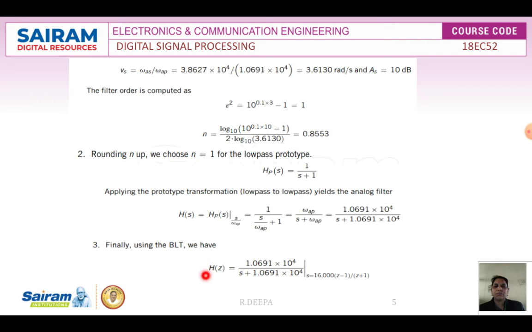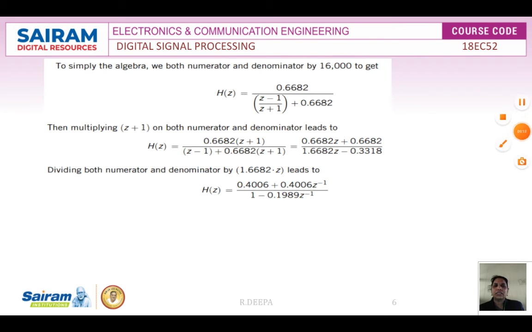Then finally we apply the bilinear transformation. As you know, the bilinear transformation is s equals 16,000 times (z minus 1) divided by (z plus 1). Whatever transfer function you got here represents your analog filter. Now we convert this analog filter transfer function into the digital filter transfer function, H of z, by applying the transformation s equal to 16,000 times (z minus 1) divided by (z plus 1).